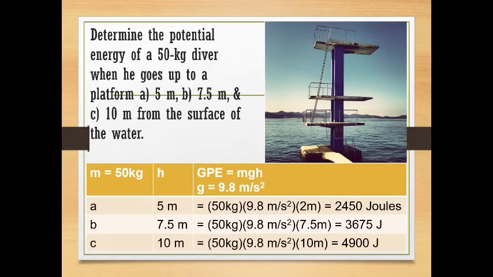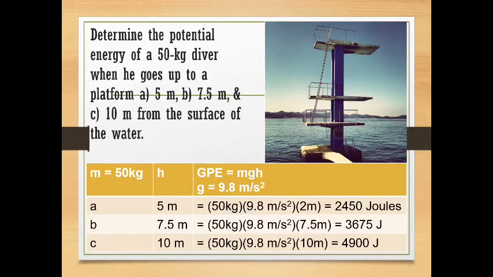Let's apply the gravitational potential energy formula in determining the potential energy of a diver. Determine the potential energy of a 50-kilogram diver when he goes up to a platform with a height of 5 meters, 7.5 meters, and 10 meters from the surface of the water.